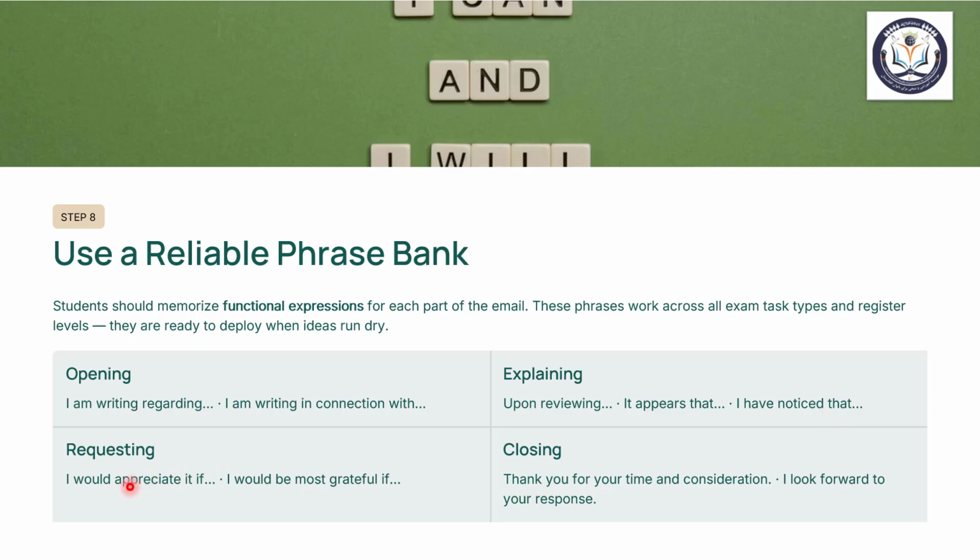When you request an action or request the reader to do something for you, you can say, I would appreciate it if, and then you can explain the request. I would be most grateful if, then we can have the phrases. And finally, when we close our email, we can say, thank you for your time and consideration. Or similarly, you can say, I look forward to your response. These are very common, reliable phrase banks that we can use.